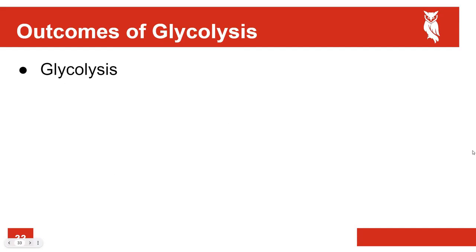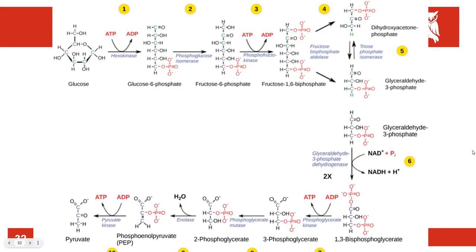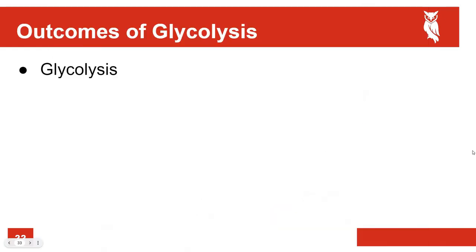Let's go back here. All right, so we've got this 10 step. Where do we get ATP back? So if you were asked this on an AP exam, it would give you this. Okay. Right? And then you have to say, all right, where do we get ATP? We get it here when we make this, and we get it here when we make this. Okay? So we go from PEP to pyruvate, and when we go from bisphosphoglycerate to 3-phosphoglycerate.